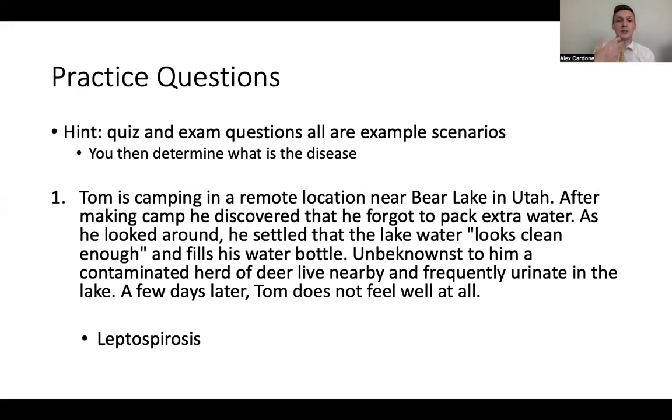Again, this is a very common method of transportation that this exposure occurs from. So it lives in the urine, gets into the lake, he drinks it. That is a common association or unique attribute of leptospirosis, being found in the urine and able to survive in water or soil for a long time.